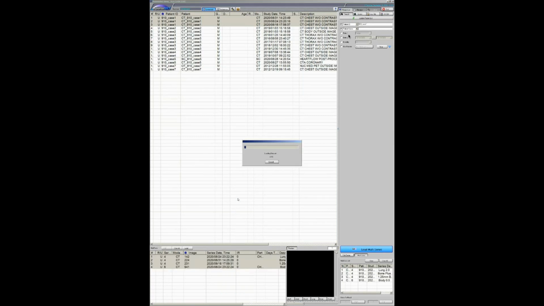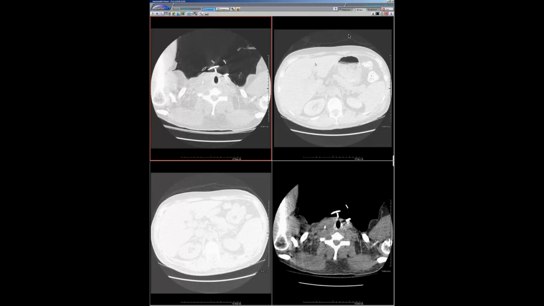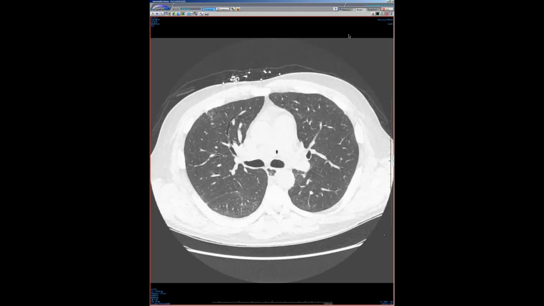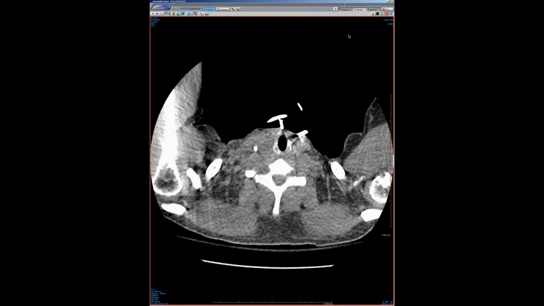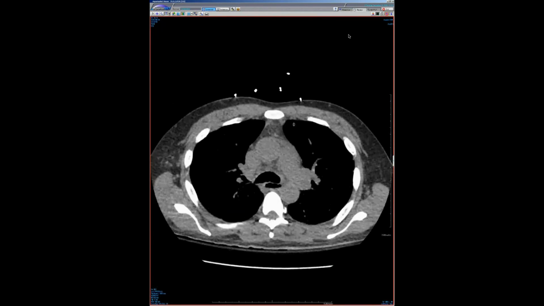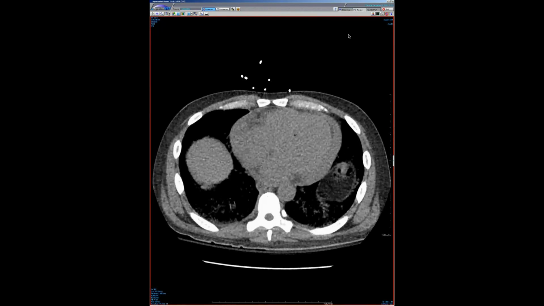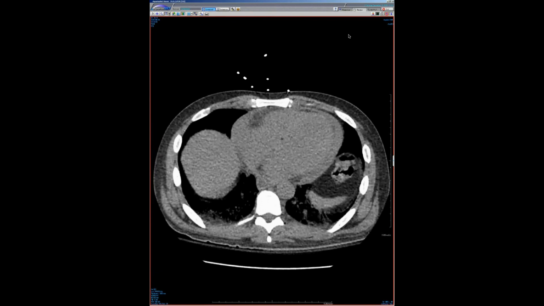Let's see, I just have a bunch of cases. This one is just a nice example, nothing super impressive about this, of the various manifestations of, so here's this patient who has, you can see here, a little bit of pericardial thickening.